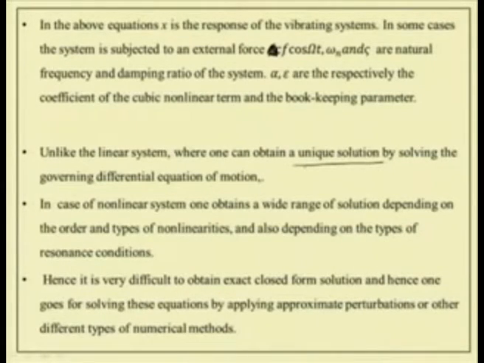Hence, it is very difficult to obtain an exact closed form solution, and one goes for solving these equations by applying approximate perturbation methods or different numerical methods, like the Runge-Kutta method. Initially we will study qualitatively and then go for quantitative methods.